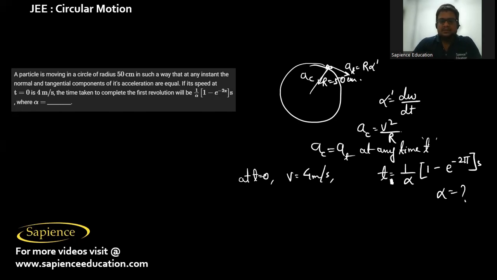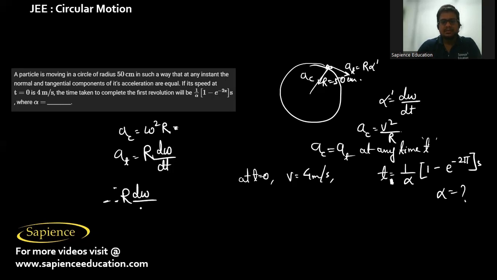So now AC is equal to omega square r. Centripetal acceleration is omega square r, and tangential acceleration is r into d omega by dt. So therefore r d omega by dt is equal to omega square r at any instant.